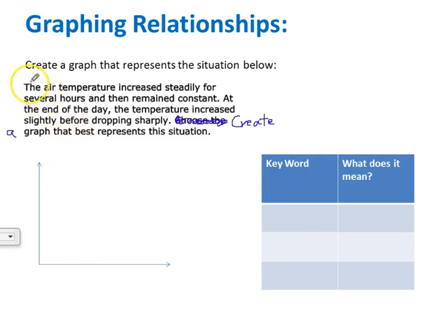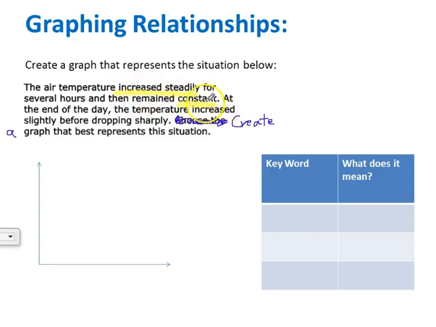So let's read through it again. The air temperature increased steadily. Okay, that's a keyword. The temperature increased steadily for several hours, then remained constant. So we're looking for keywords that tell us about different types of movement. Are we increasing, decreasing, or staying constant?